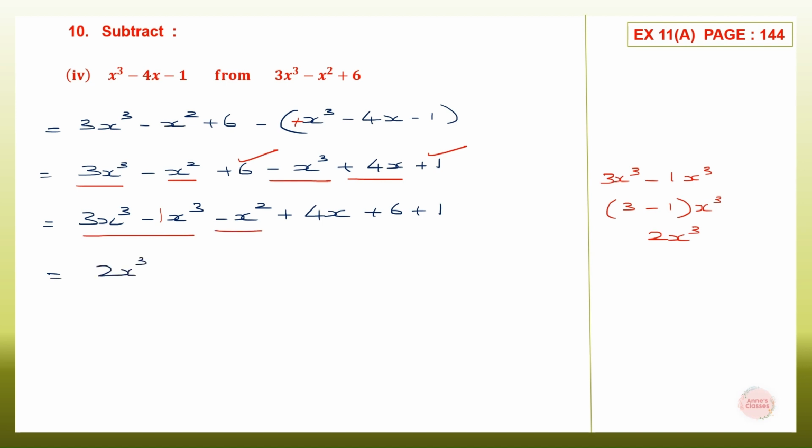We have only one there, so let's write only that. So minus x squared. Similarly, 4x also is by itself. We don't have another x term. Plus 4x. Then let's look at the numbers. Plus 6 plus 1. 6 plus 1 is 7. So plus 7. So our final answer is 2x cubed minus x squared plus 4x plus 7.